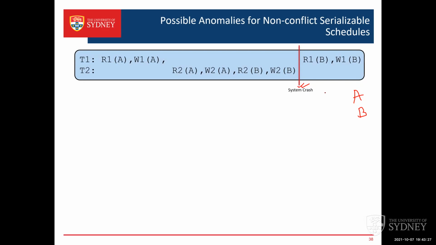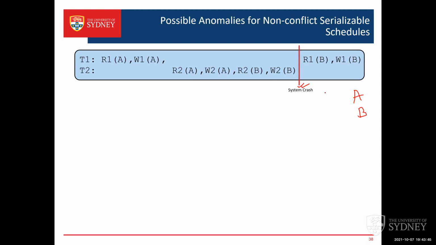Is that the case? T2 is completely done. That means T2 is 100% successful. Have a look. In T2, we were able to perform everything. That means T2 was done. That means T2 is committed.